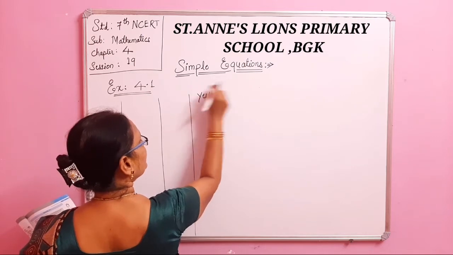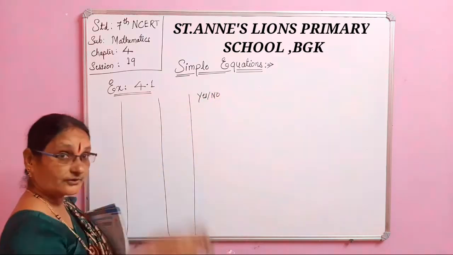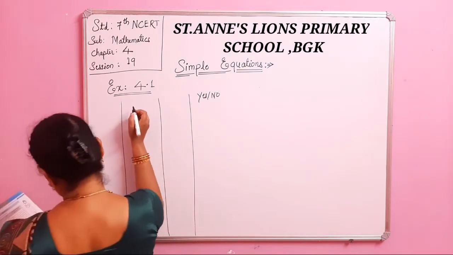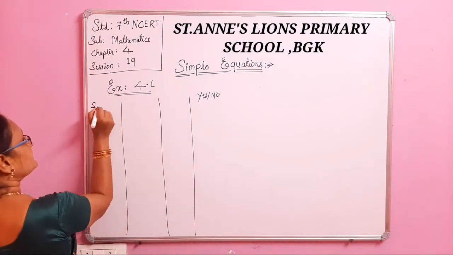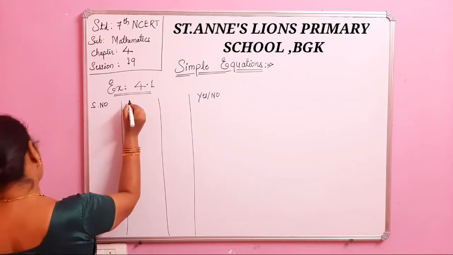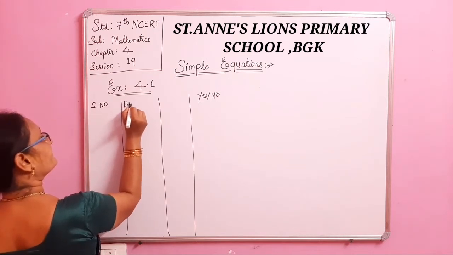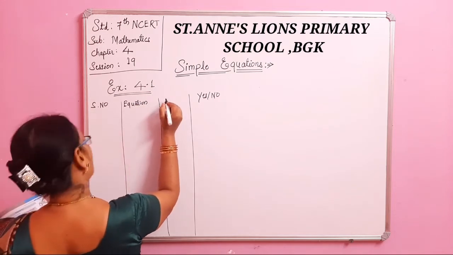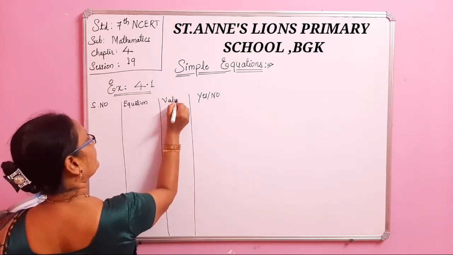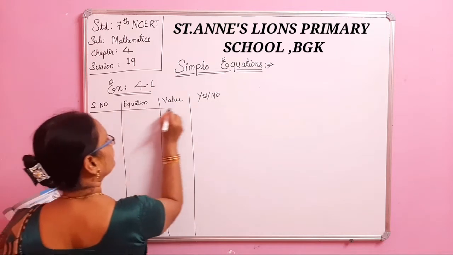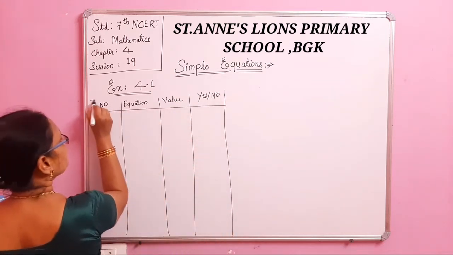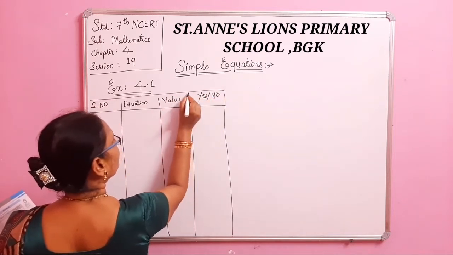Here I don't have the place. So you are having in the page, full page you can use and make the column. Down what to do I am going to tell you. Serial number, equation, value. This is first you have to put the column.